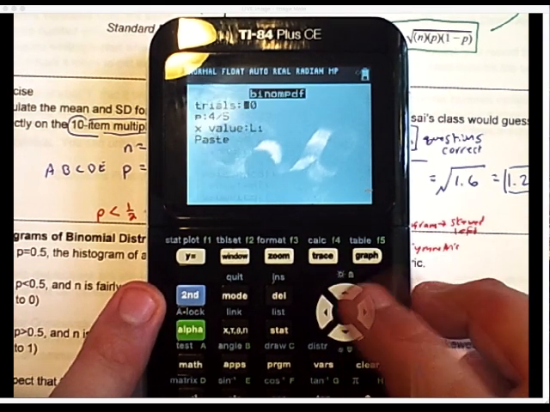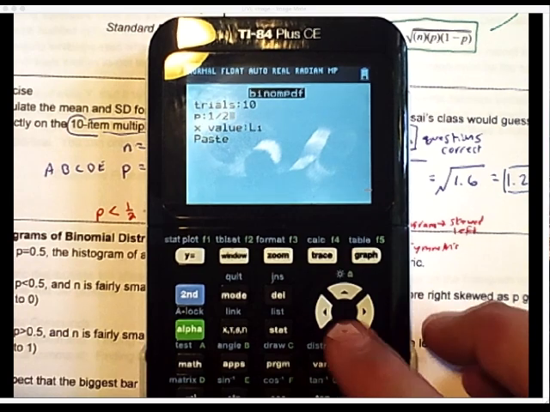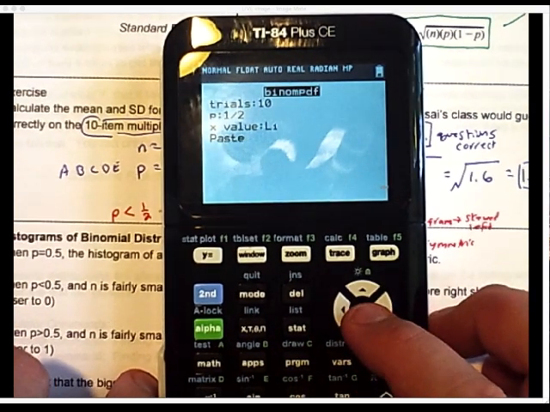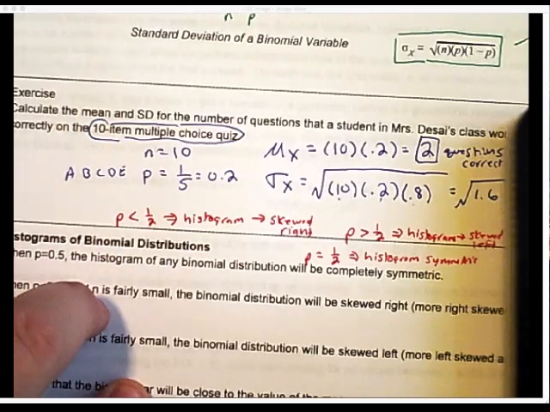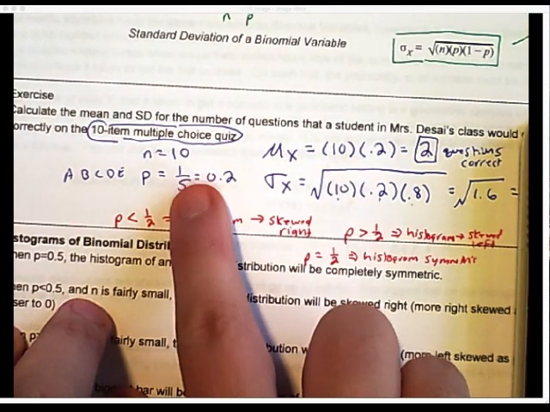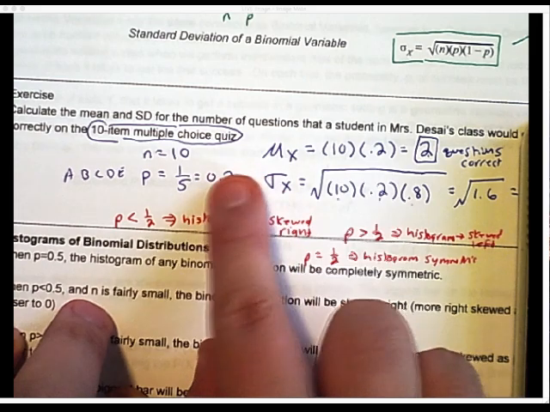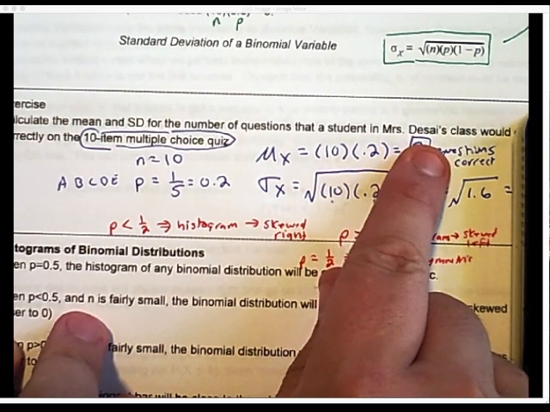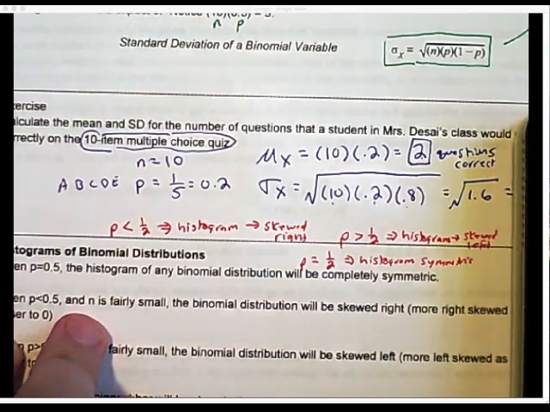All right, let's change it one more time. Let's change the p-value to exactly 1/2. Before we do it, if this was 1/2 instead of 1/5, this would be 0.5, that would be 0.5, and this would be 5. So the expected number that someone would get right is half.